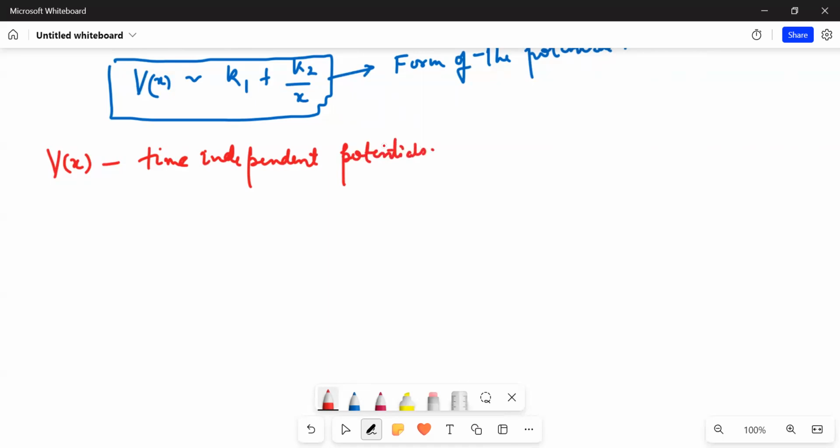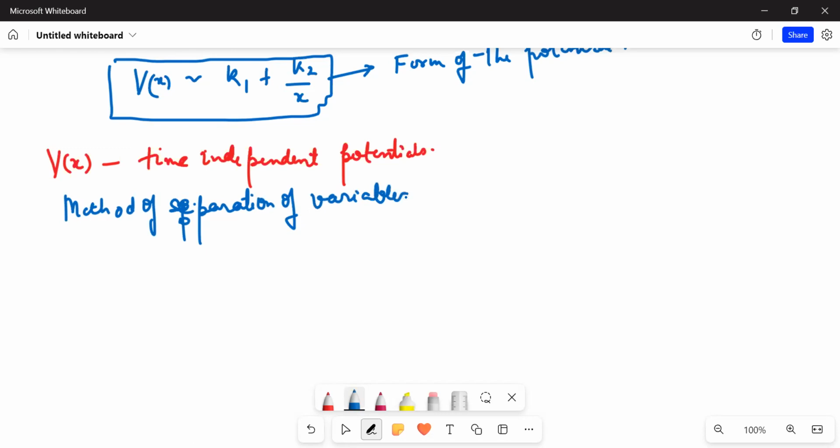Now we want to see, if we want to solve this Schrodinger equation for a particular potential, how things would turn up. Basically, one of the methods is to use the method of separation of variables.